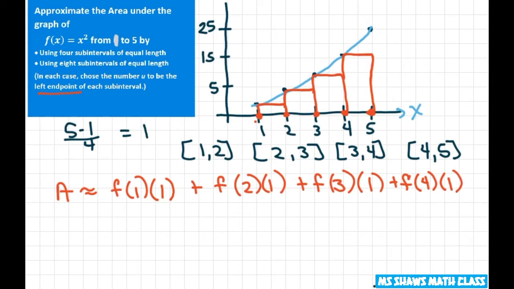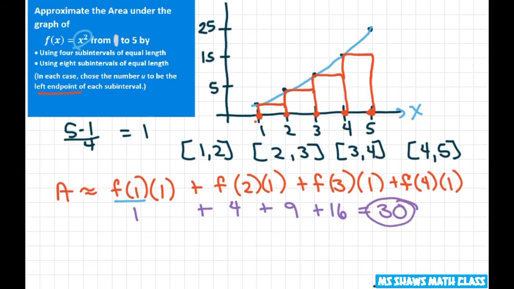And for your f of 1, you just plug it into your formula, and that's going to give you 1 times 1, so that's just 1. f of 2 is going to be 4 times 1. f of 3 squared is 9 times 1, and then plus 16. So this is going to equal 30.